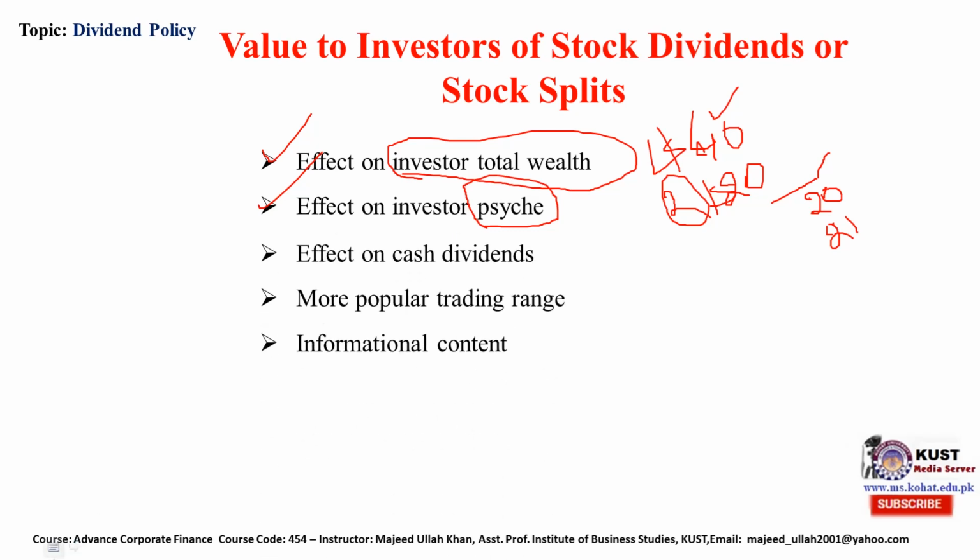Effect on cash dividend, that is an important point, since dividends are issued per share, not on the price of the share. Let's suppose 1 rupee is declared on the share. Before the stock split, if a person has 10 shares, he would receive 10 rupees.